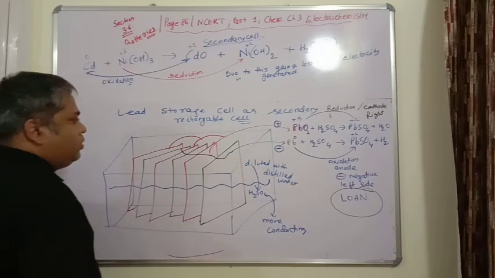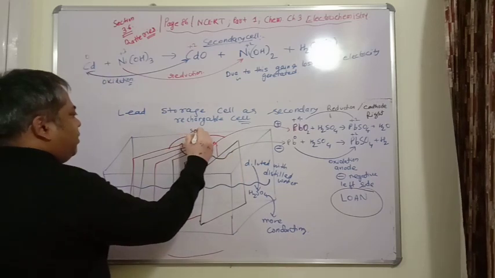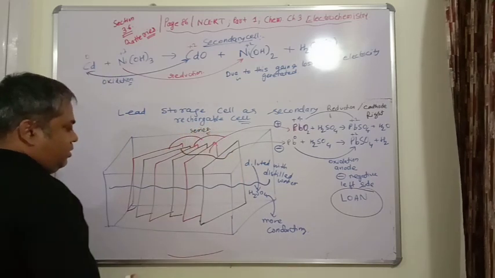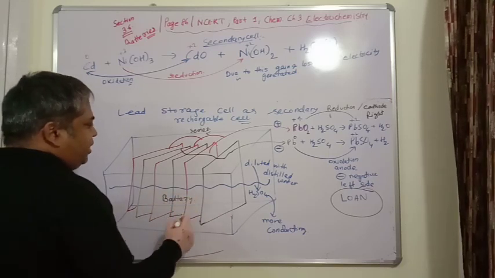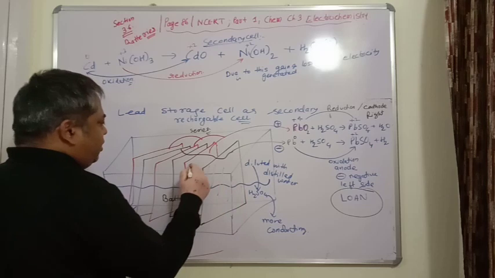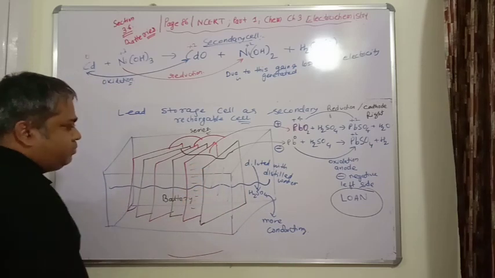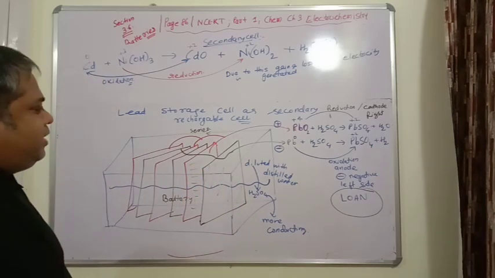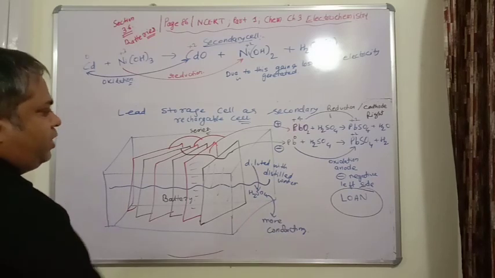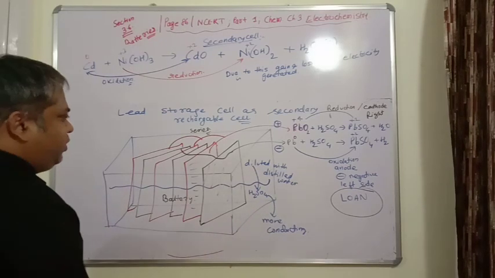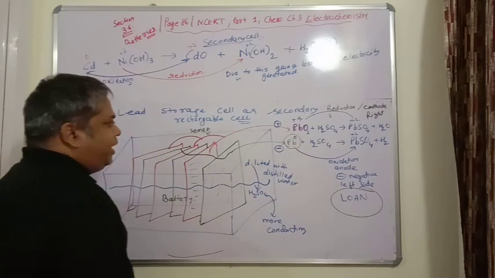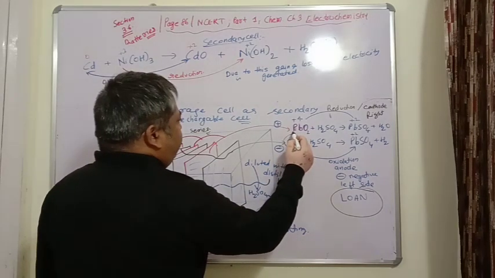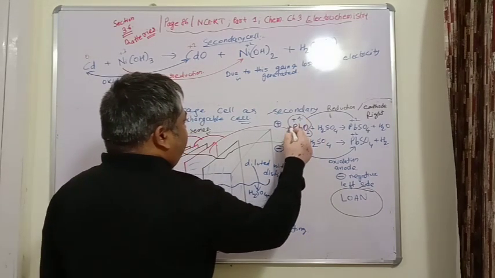So they are in series, and hence I call it as a battery because there are many small cells in it. Now how many cells will be there in this depends upon how big a trough we have taken and how much of H2SO4 we have put and how many plates of spongy lead and how many plates of PbO2 we have put. On this it depends.